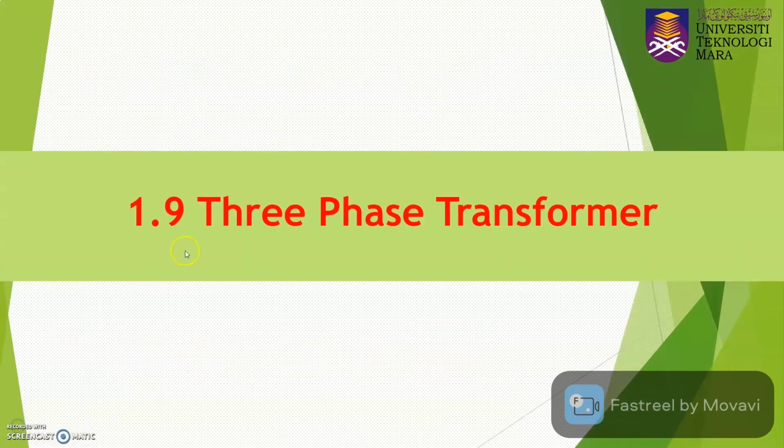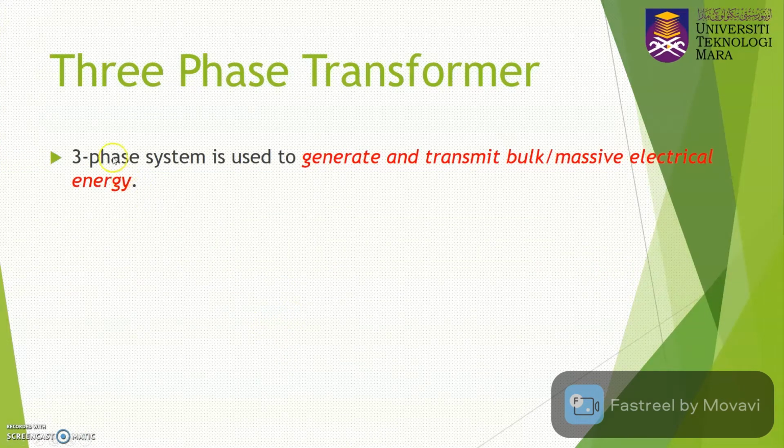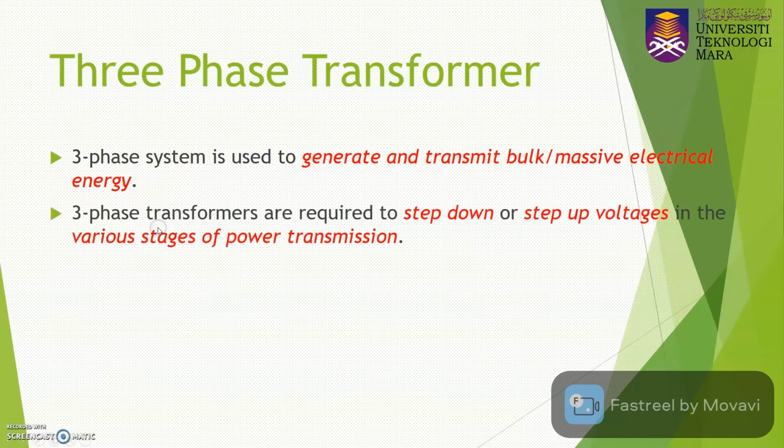Okay, next we go to the second subtopic, which is the three-phase transformer. Basically the three-phase system is used to generate and transmit massive electrical energy. The three-phase transformers are required either to step down or step up voltage in the various stages of power transmission.